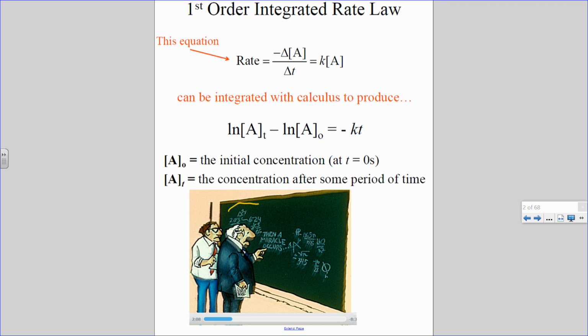Now, last time we talked about rates, and we said rate equals concentration over time.